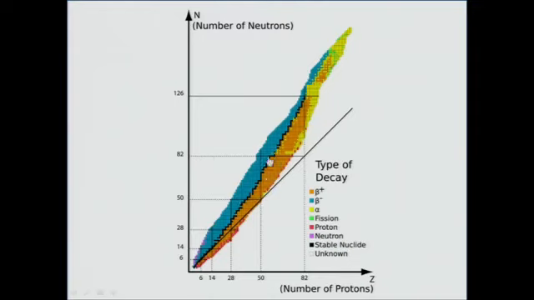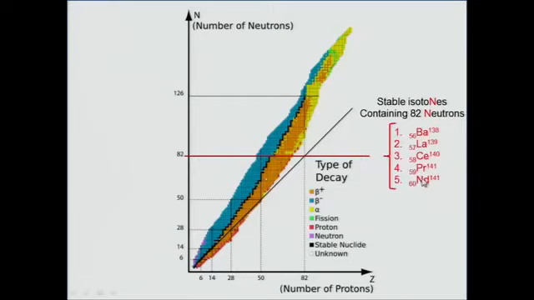But take a look at some of the things here. For instance, here at 82, look at how many, as we go across, things are stable that have various numbers of protons but have a fixed number of neutrons there at 82. There are a number of stable isotones there with 82 neutrons. Here is the list of them.